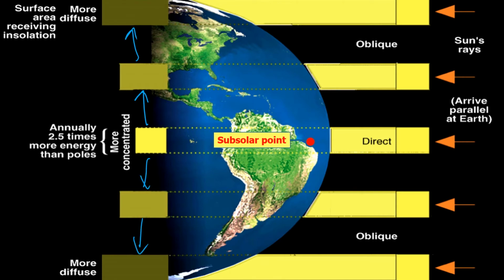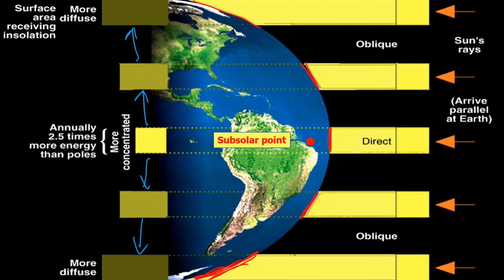And the reason for that is the curvature of the earth. Even if we didn't have a tilt, these areas would be colder because they are curved. And so it would be cooler at the top than it would be in the middle. And so this is a really good diagram.